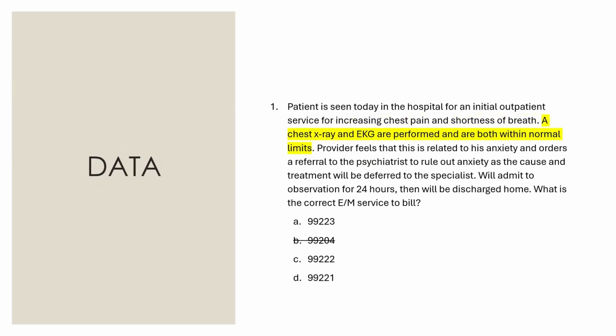The next thing we look at when we're looking at this case is data, which is data to be reviewed or analyzed. And this provider orders a chest x-ray and an EKG, and both of them are within normal limits. This is another element on the medical decision making table that we are going to review in just a minute. And then lastly, we would look at risk or risk of morbidity and mortality, which is also on the MDM table.